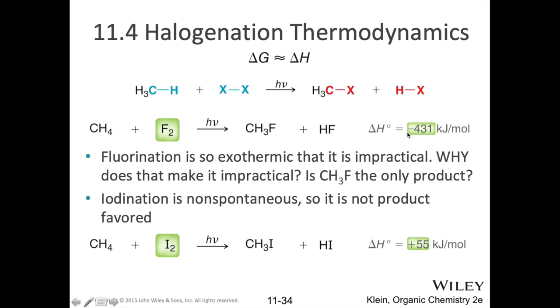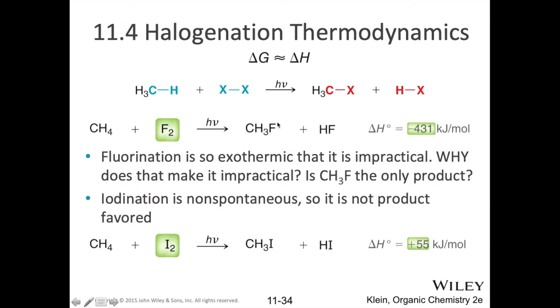Right? Now, the problem with fluorination, of course, is that it's so exothermic that it's really impractical. That's just kind of dangerous, depending on what you're working with. Also, even if you can do it relatively safely, you have to consider that having such an exothermic reaction, having such a low barrier to making this product, means that you're probably not going to stop at just the monofluorinated product.